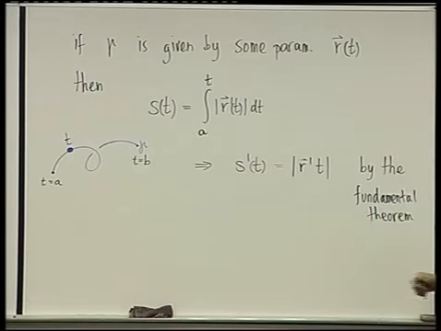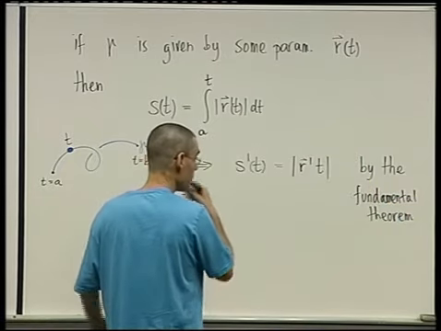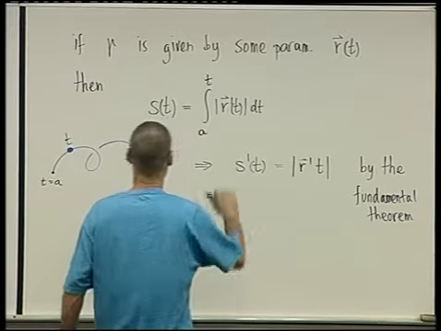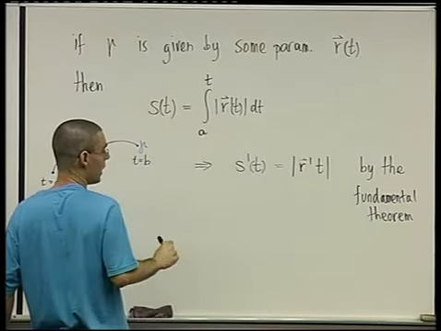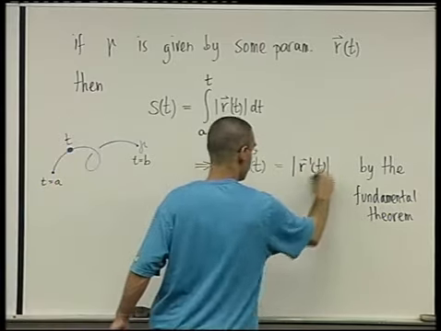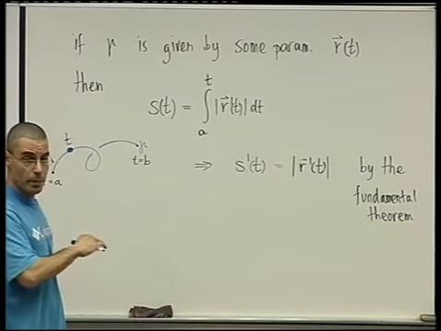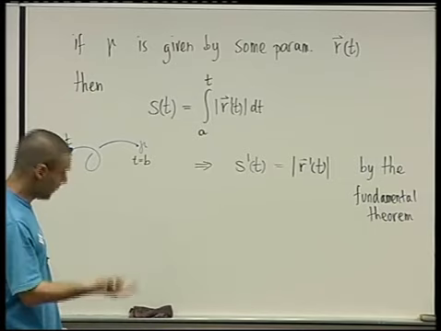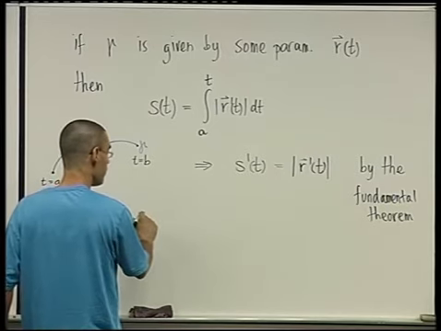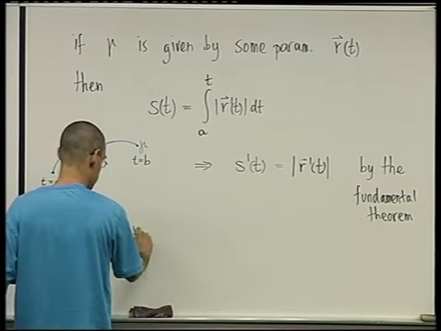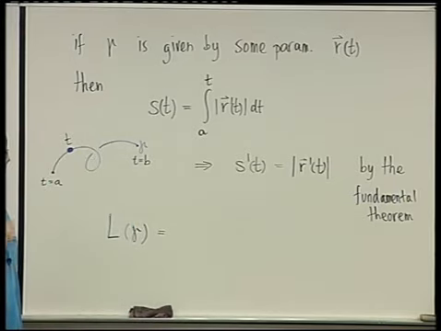And this is going to play a role. We're going to use this later. So this is how the arc length parameter relates to any given parameter. And what would be, by the way, the length of the curve, L of gamma, in terms of the arc length parameter?